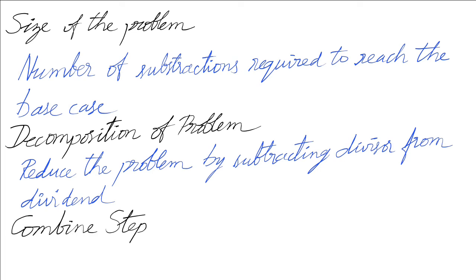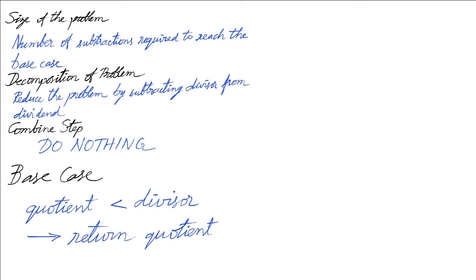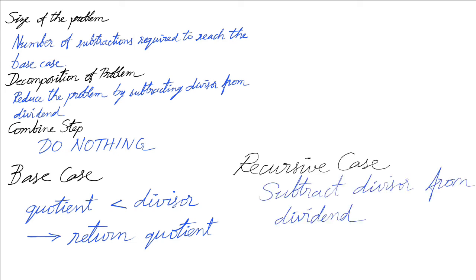What do we do in the combine step? We do nothing. The base case occurs when quotient is less than divisor. We return the quotient. In the recursive case, we subtract divisor from dividend.